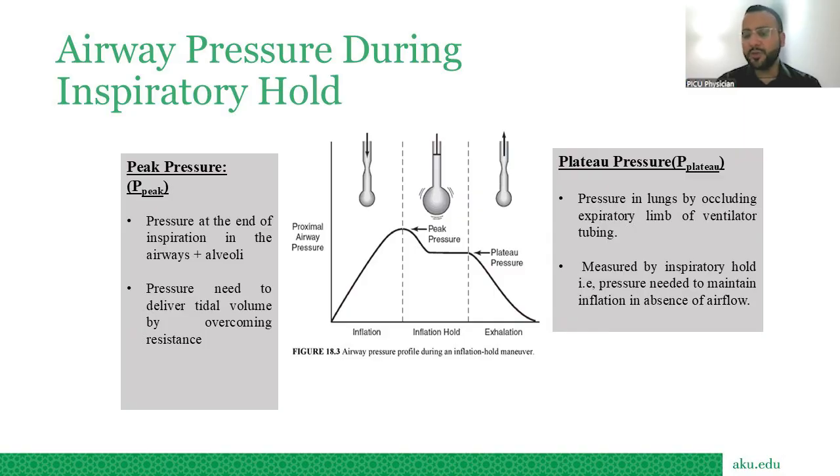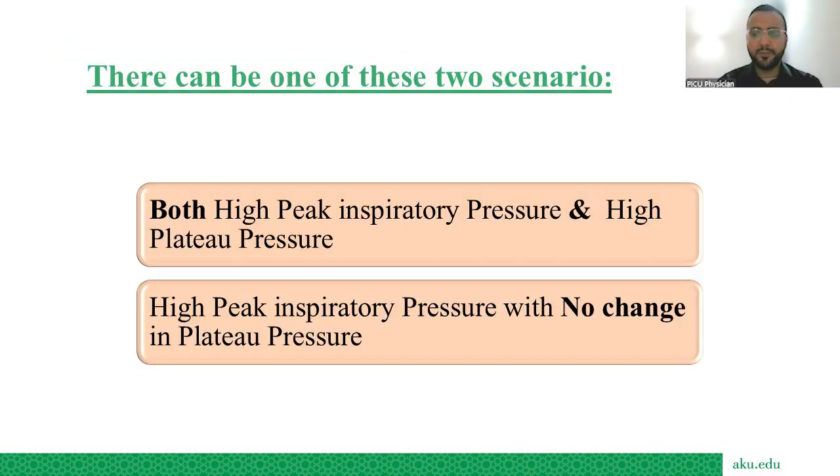How do we check plateau pressure? There is a button in the ventilator called inspiratory hold. When you press inspiratory hold, the machine holds the breath for a few seconds after complete inspiration and calculates the plateau pressure. Peak pressure is already displayed on the machine. So there can be one of two scenarios in the case of high alarms.